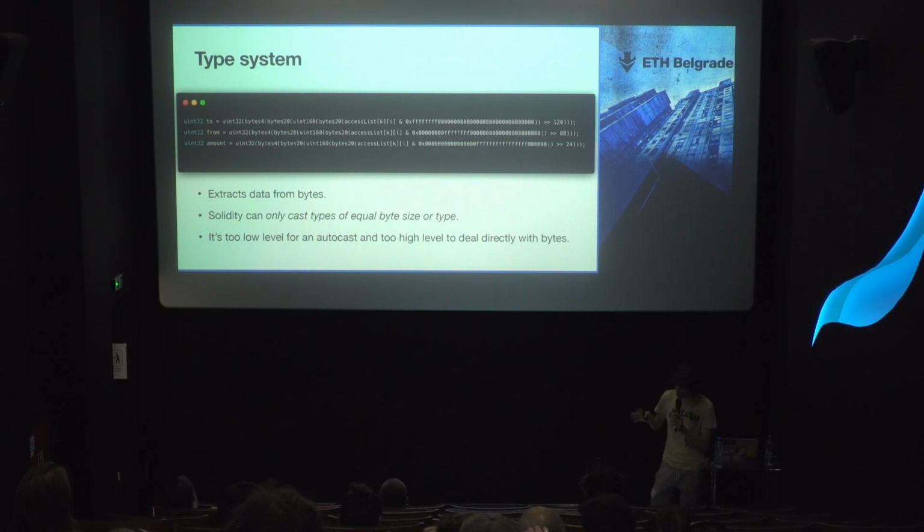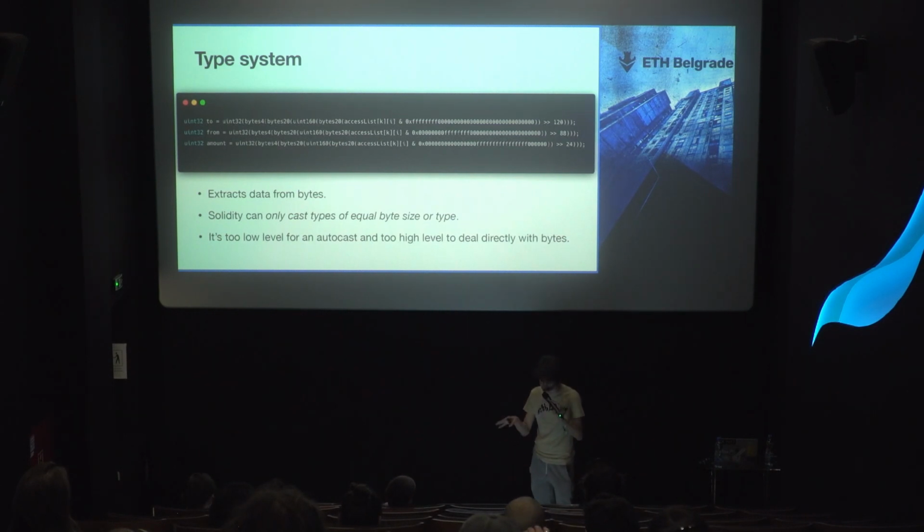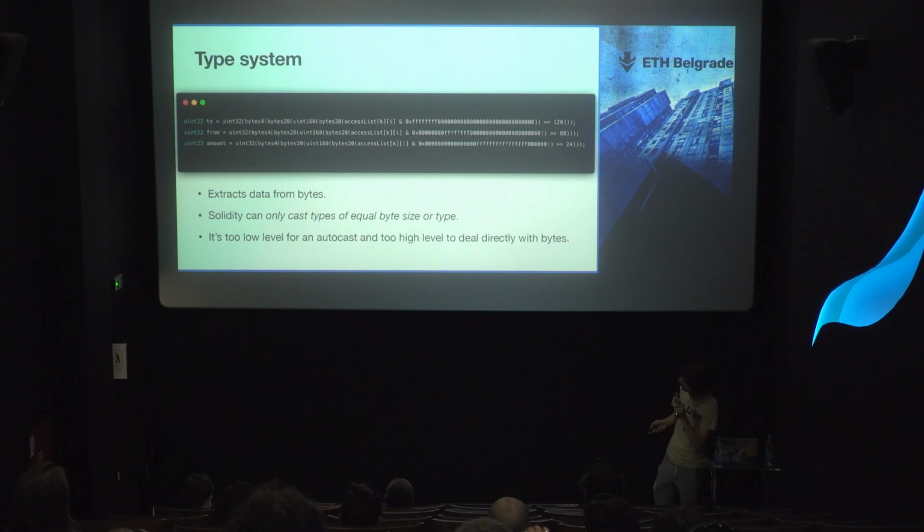Solidity can only cast types of equal size or type. So what we have to do is convert this to bytes20 and then do our arithmetic by converting that to uint160. Then back to bytes20, bytes4 to equal cast it, and then to uint32. So this kind of shows that it's way too low level to do an automatic cast, and it's way too high level to deal directly with bytes.